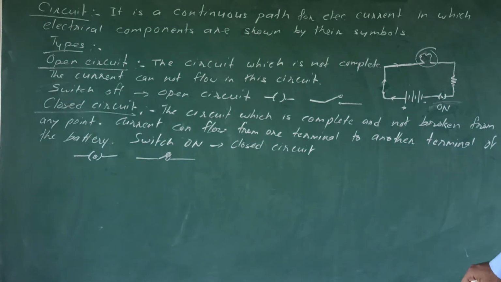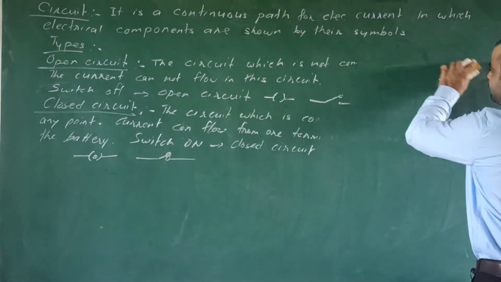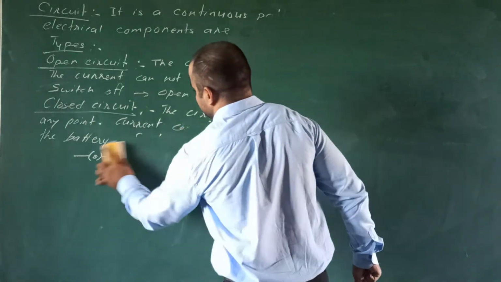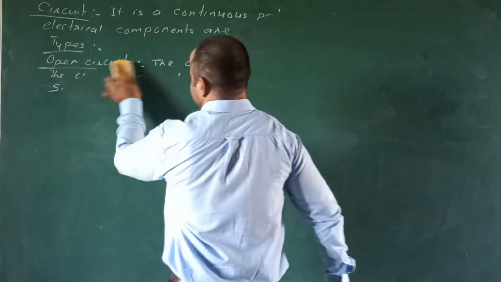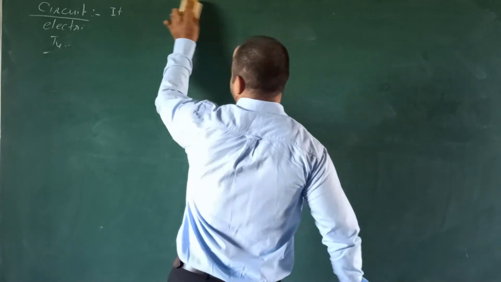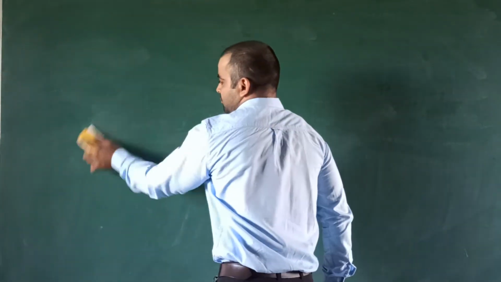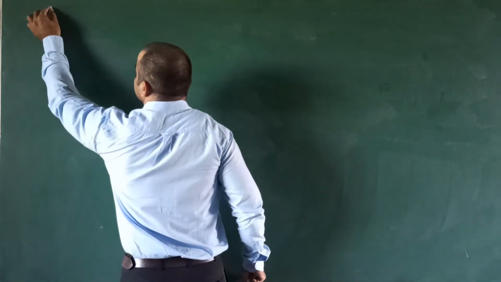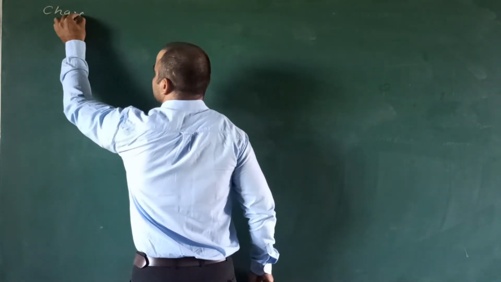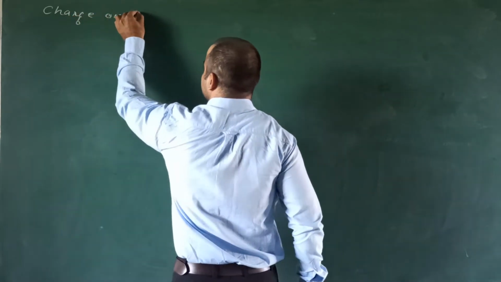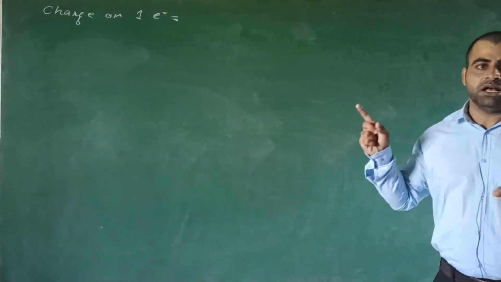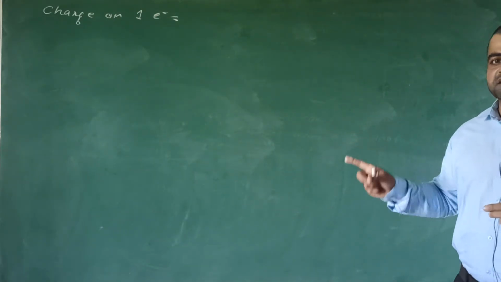Next, to find the charge of one electron or the number of electrons in 1 coulomb of charge. We studied the charge on 1 electron in 9th class.